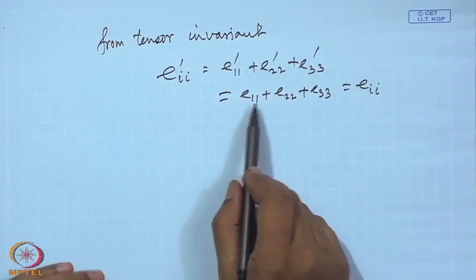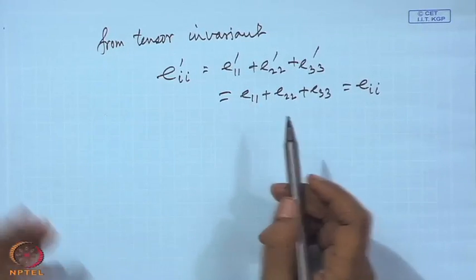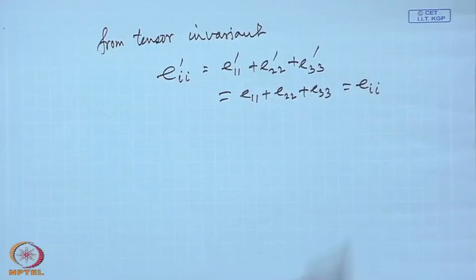You can write this explicitly. What is e_11 or e_11 prime? Look at the definition of e_ij. e_11 is simply du_1/dx_1.